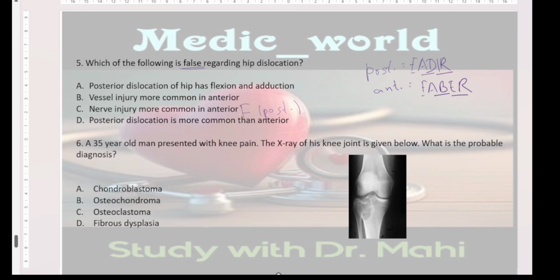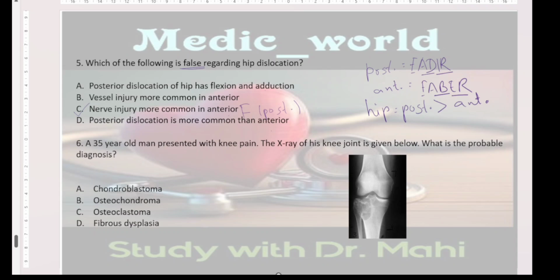Let's see the last option. Posterior dislocation is more common than anterior. This is also the correct statement because we all know that in hip, posterior dislocation is more common than anterior dislocation. So the answer to this question is option C, that is nerve injury more common in anterior, which is the false statement. Now let's move towards the other question.